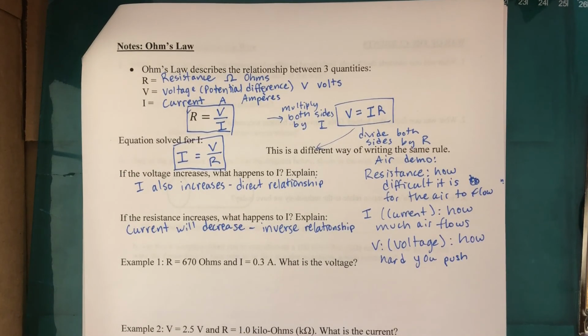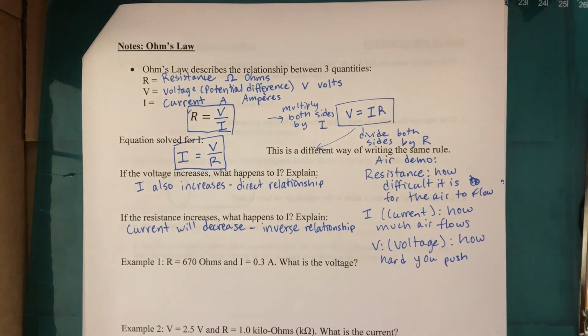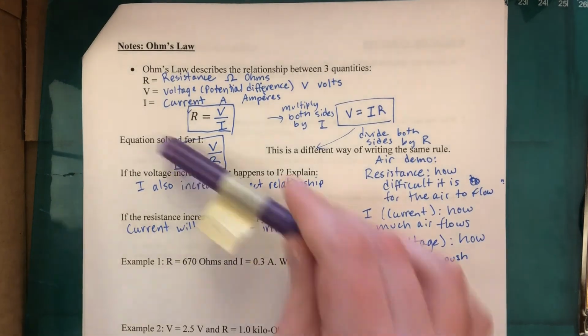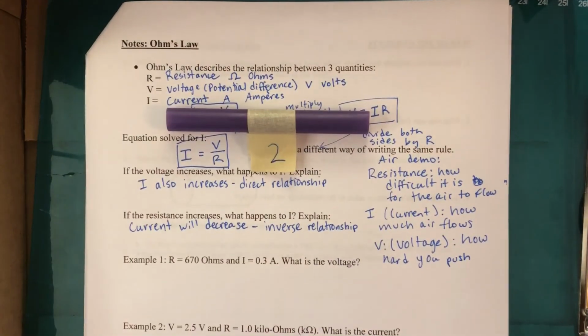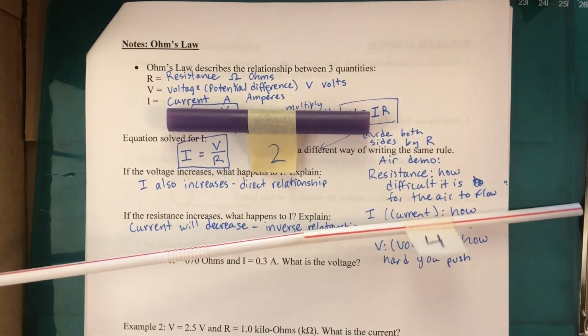Okay. So if I were to push with the same amount of force through a straw with low resistance. Actually, let me grab it. Okay. So here's a straw that we discovered had low resistance. Here's a straw that we discovered had higher resistance.